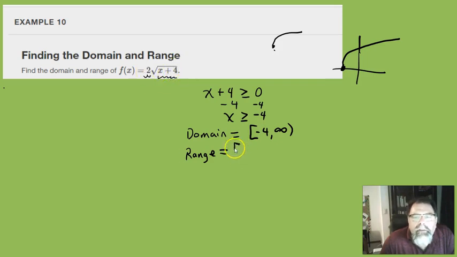So we're going to start at 0, and then it's going to go off to infinity. The bigger the x value is, the bigger the y value will be. And one more time, if you know about the graph, you can think about the graph. If you don't know what the graph is, go to Desmos, type it in there, see what it looks like, and you can determine it that way. So you've got a lot of options to figure out the answer for these.